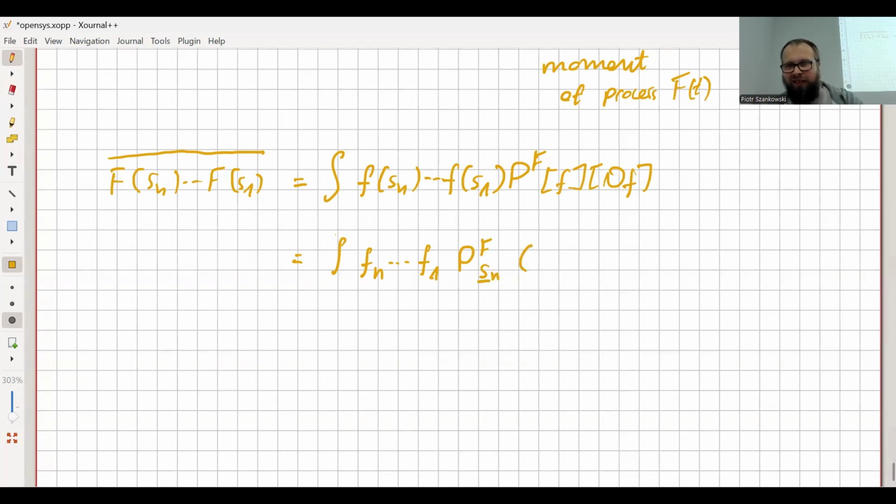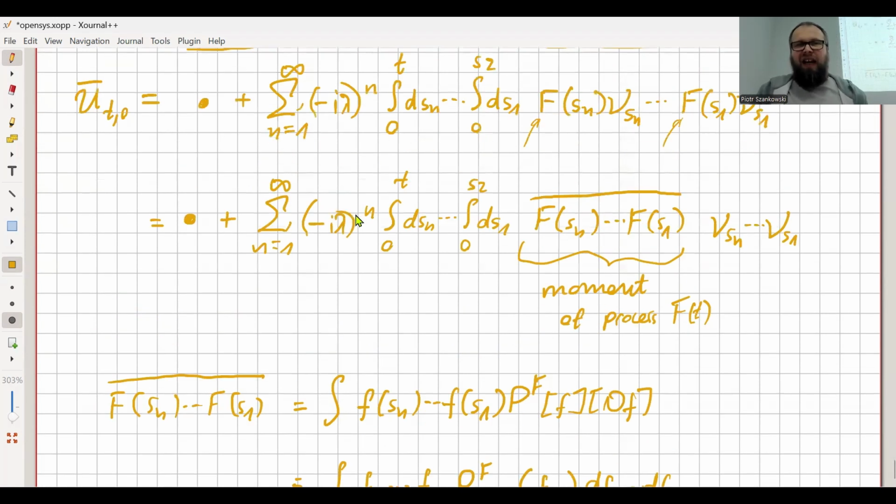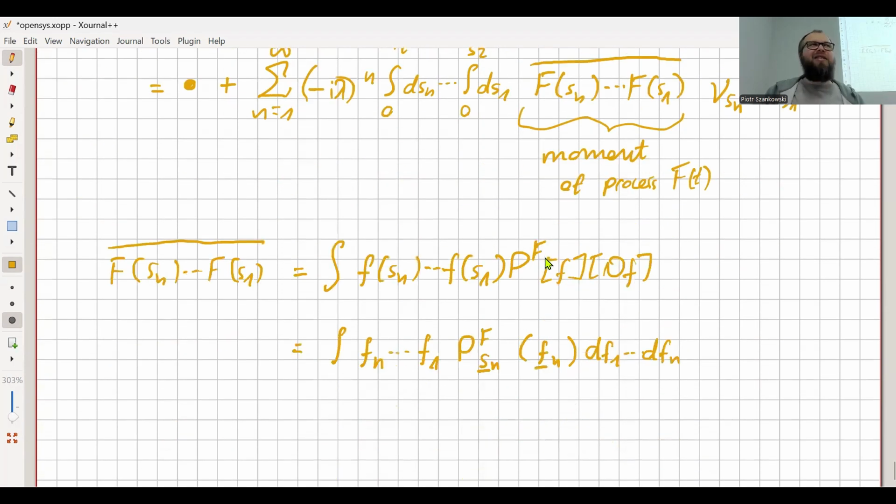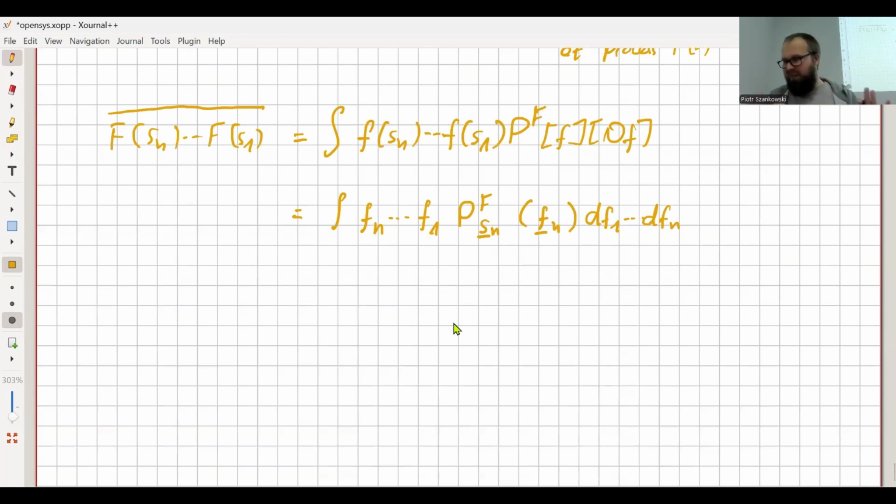So in this sense, actual computations are still done with those joint probability distributions. We reserve functional distributions for proving theorems or some properties, right? For practical calculations, you just use your normal functions. Okay, so everything is under control.